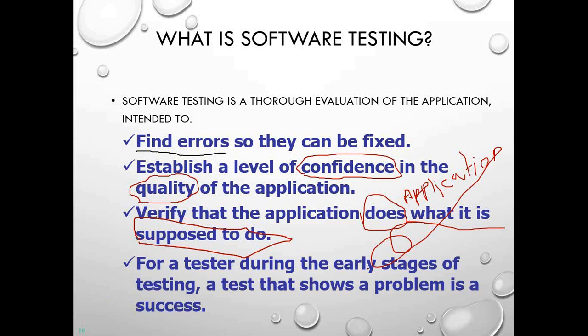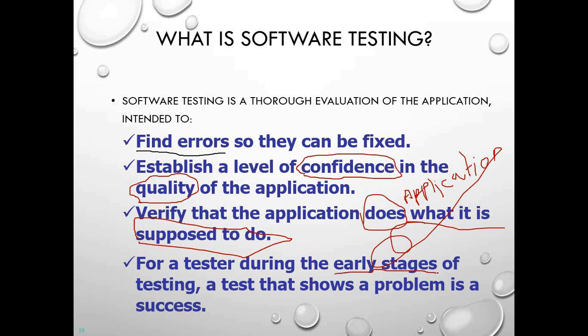Moving forward, for a tester, during the early stages of testing, a test that shows a problem is a success. So again, it's coming down to the early stage. There are a lot of slides where we are going to talk about the reason why the early stage of testing is required to avoid later problems.